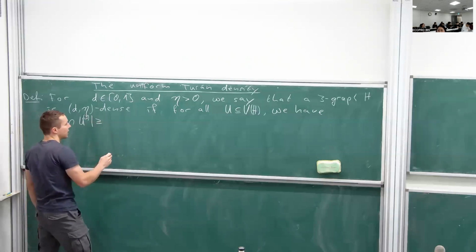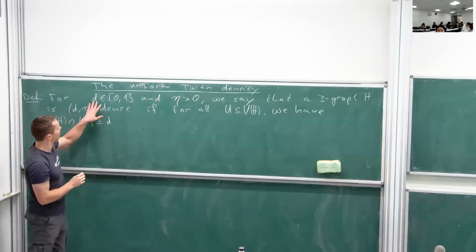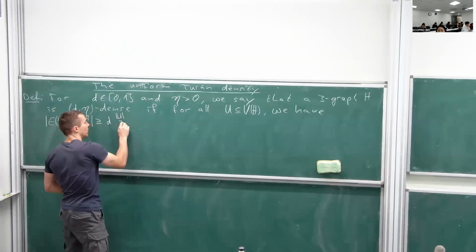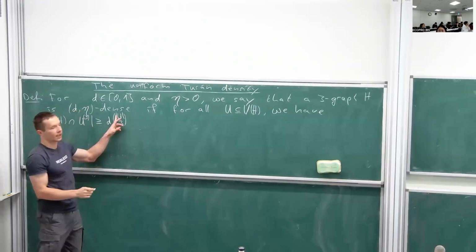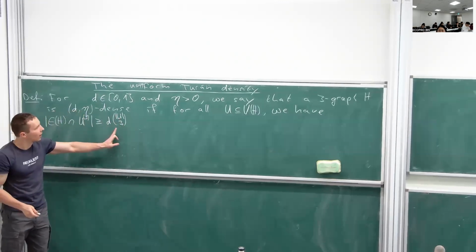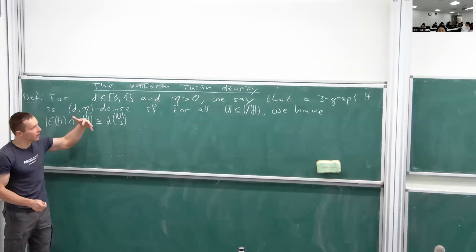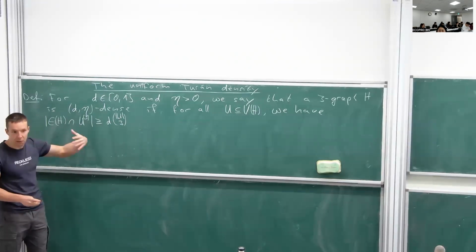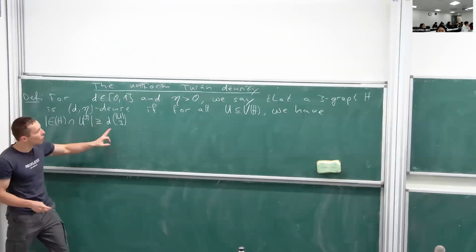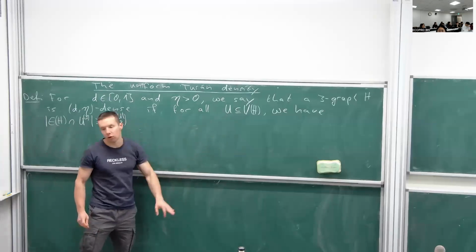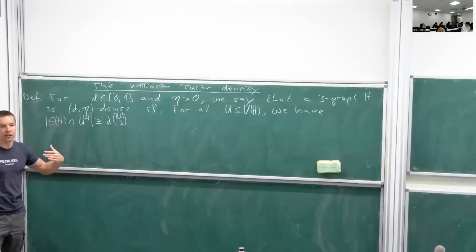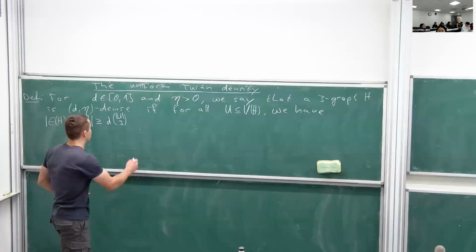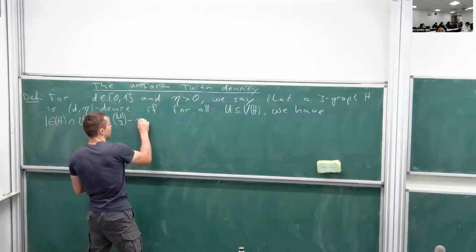is at least, so if we have this density, then what we would want would be d times |U| choose 3. But because we want to see this as some form of quasi-randomness, we want to allow some error term, in particular because we don't want this to hold for any arbitrarily small set. So that's why we allow this eta.